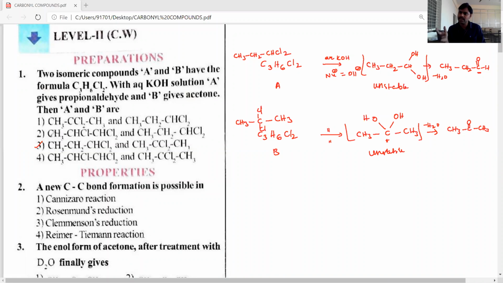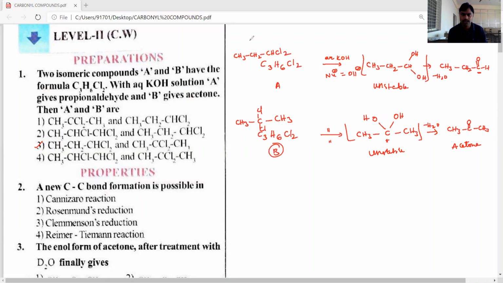If the two chlorine atoms are in the middle, non-terminal, then with aqueous KOH, two OH groups form on one carbon, a geminal diol, converted into a ketone, acetone. The resultant product B is this. Now A is 1,1-dichloropropane and B is 2,2-dichloropropane. Both molecular formulas are the same.